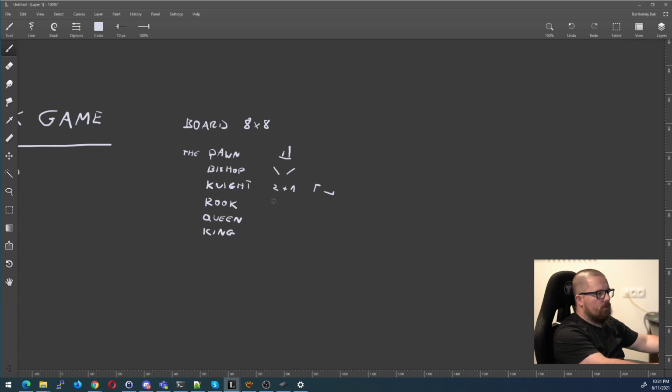The rook can go only straight, horizontally or vertically. The queen is a composition of bishop and rook, so it can go like this.